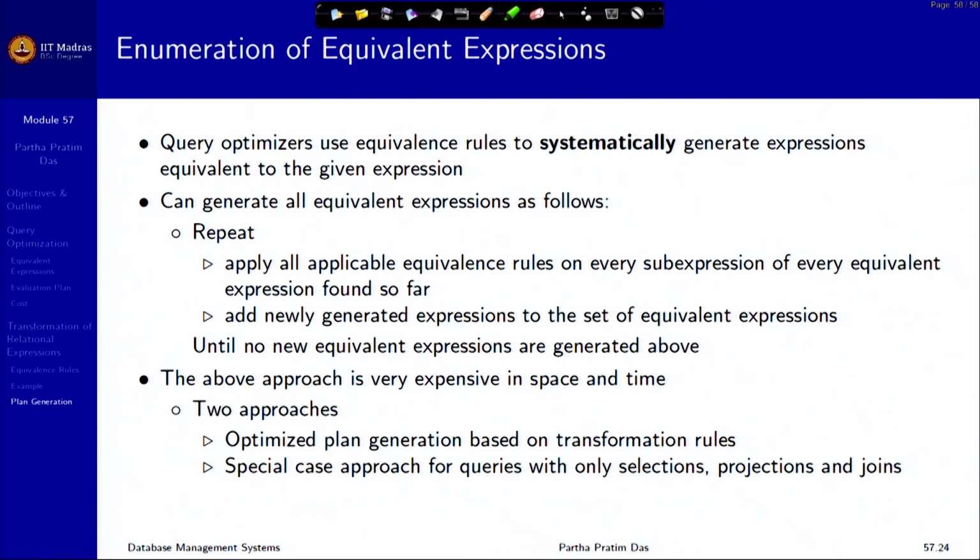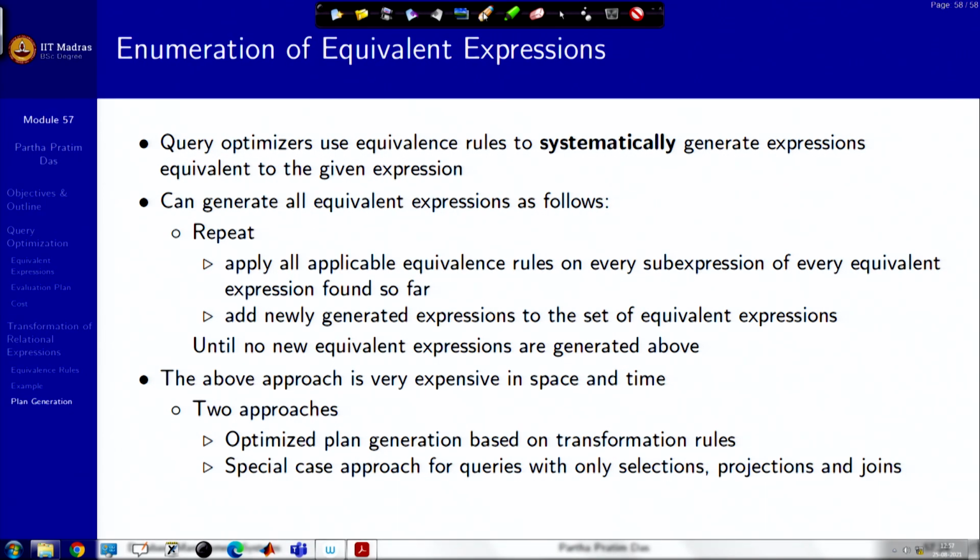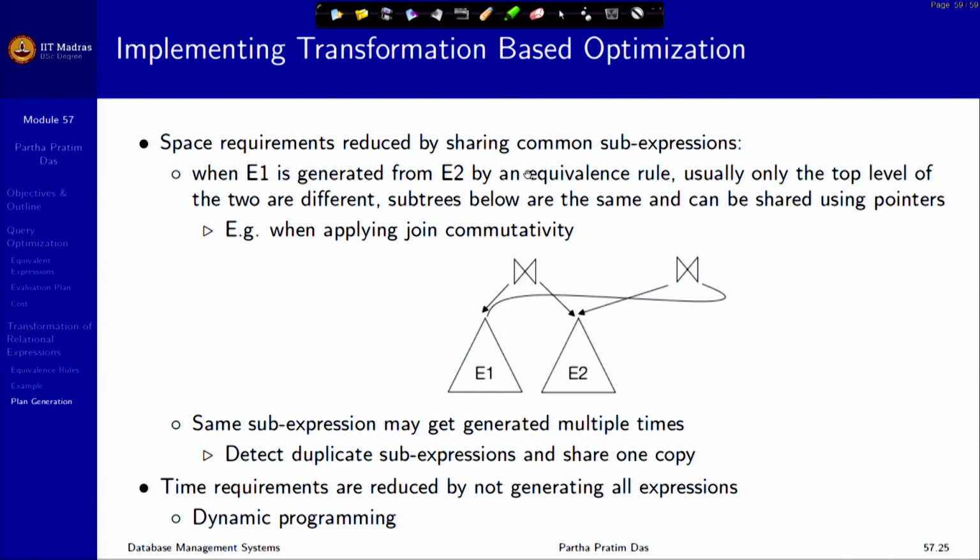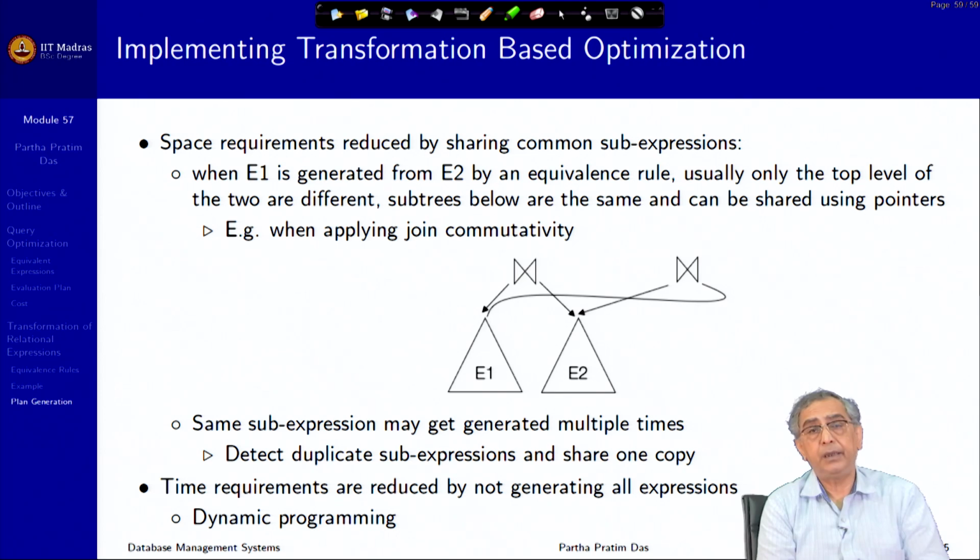So often you try to generate the optimized plan using the transformation rules and take different kinds of special case approaches for the very common and widely used operations like selection, projection and join. So, if you think about that, then there are different ways you can handle things better.